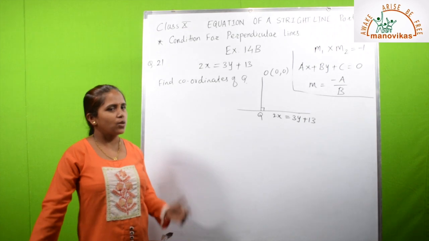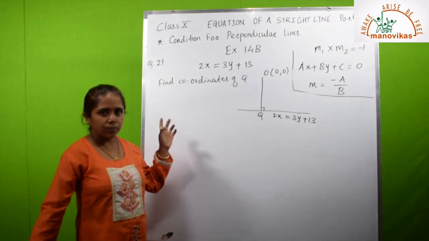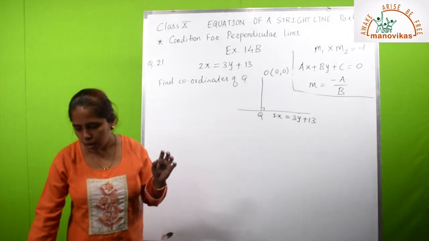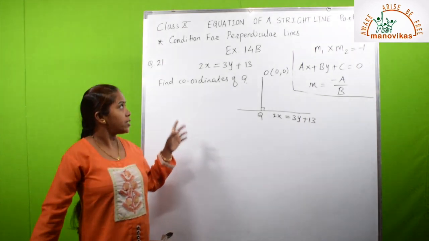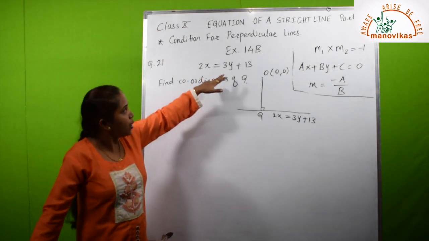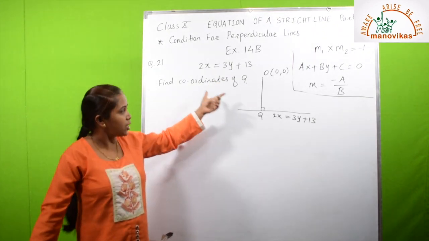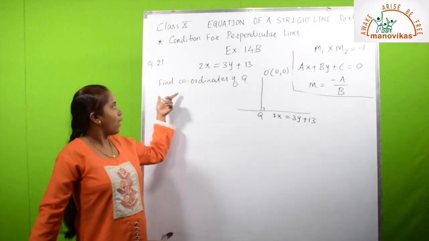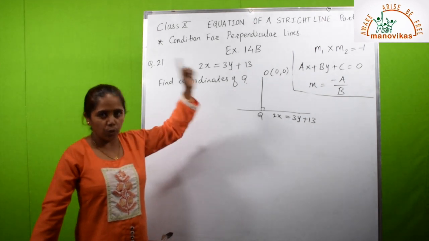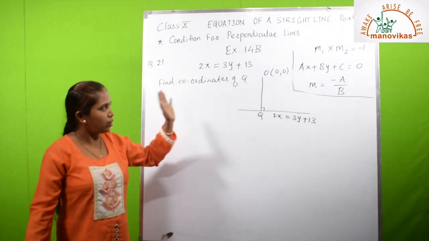Next question is question number 21. Now what is this question? A line through the origin meets the line 2x = 3y plus 13 at right angles at point Q. Then find the coordinates of point Q. Now roughly I'll draw the figure.